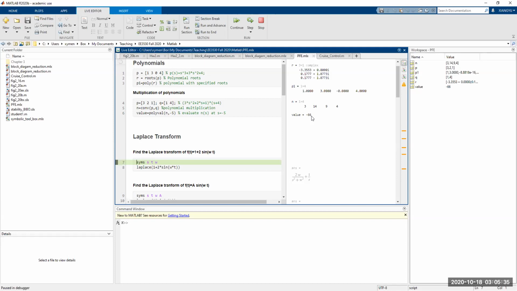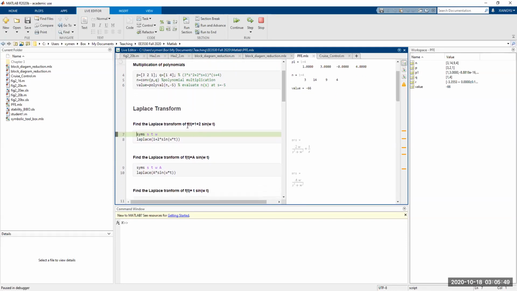Since we know the first step to find the time response of a control system is to calculate the Laplace transform of the input signal, let's see this example. Suppose the input signal is 1 plus 2 times sine wt. First, let's define symbols. We use the MATLAB symbolic toolbox.